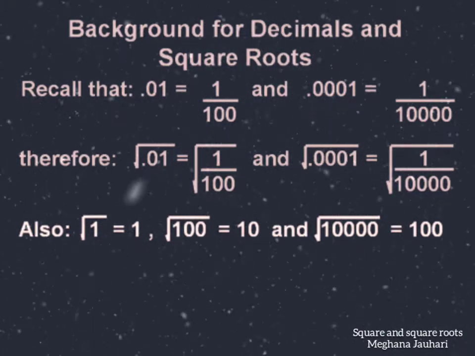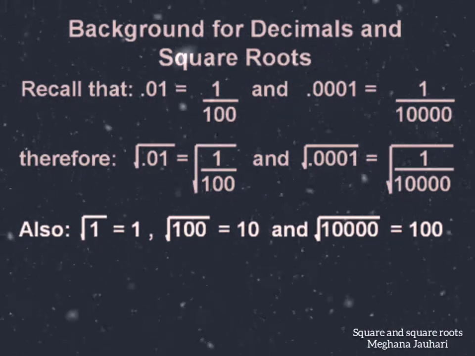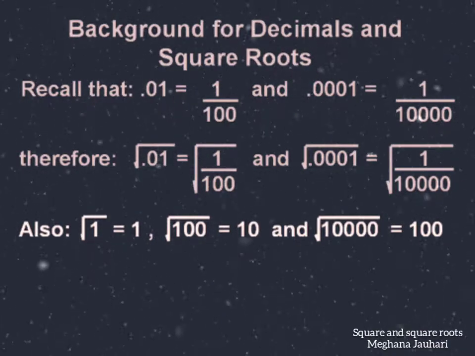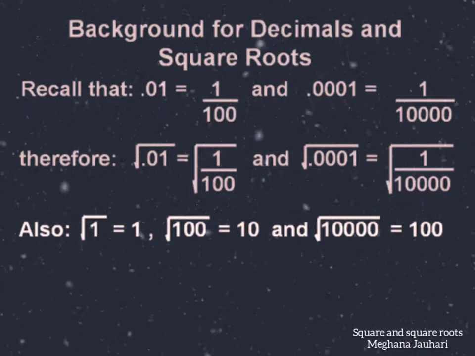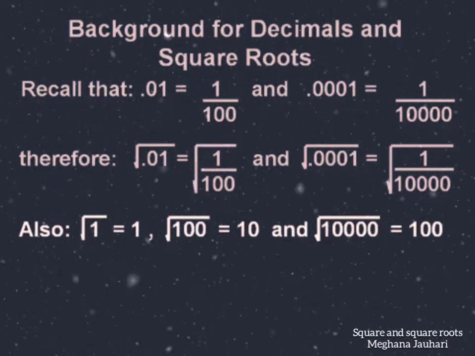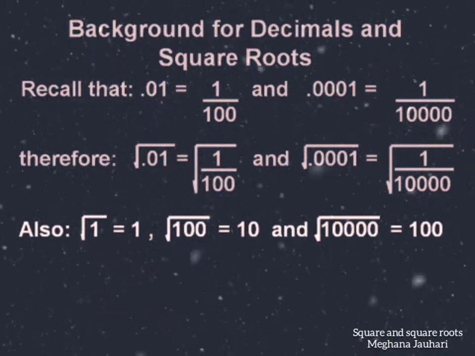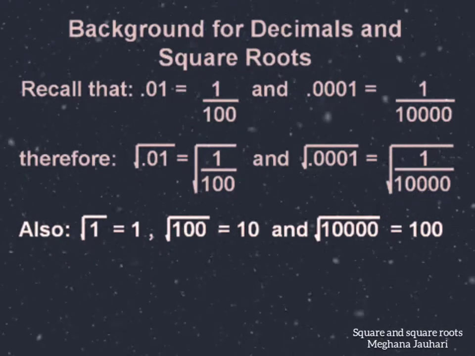Now see this. Square root of 1 is equal to 1. You know this, right? Square root of 100 is equal to 10, and square root of 10,000 is equal to 100. We have already learned that. So we will use the same concept in decimals. Just see what's happening here. The zeros are getting reduced when we find the square root.